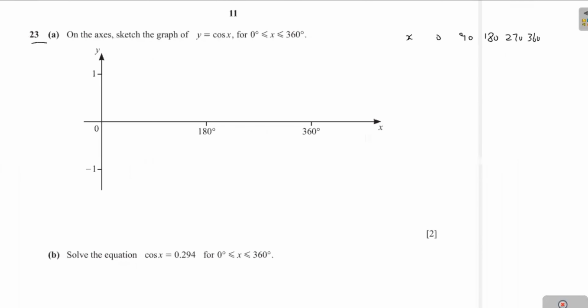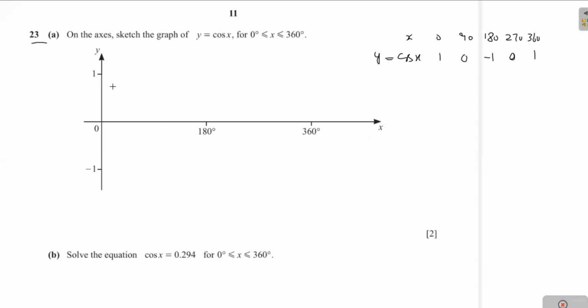Against these values, the value of y will be equal to cos x. Cos 0 will be equal to 1, cos 90 is 0, cos 180 is minus 1, cos 270 is 0, and cos 360 is 1.